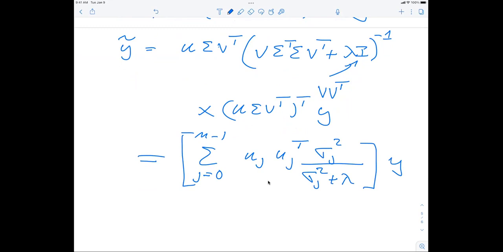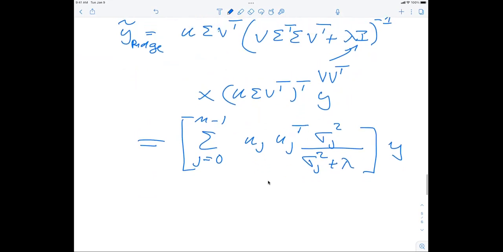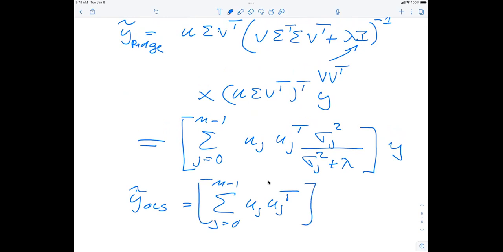So we put a ridge here, so this is a ridge. And then we are going to put a y OLS, which is given by just u_j u_j^T, sum over j from 0 up to n minus 1, multiplied with the vector y. So these are different projections of the original data set.